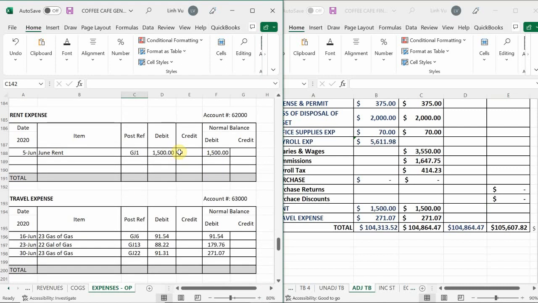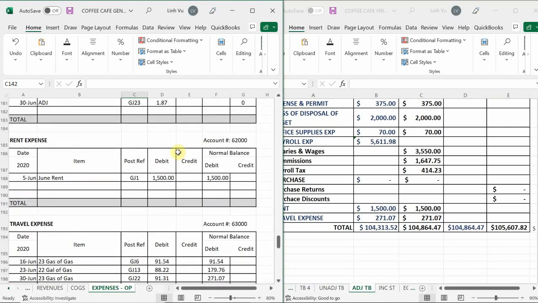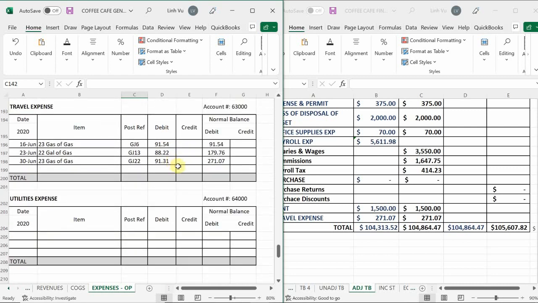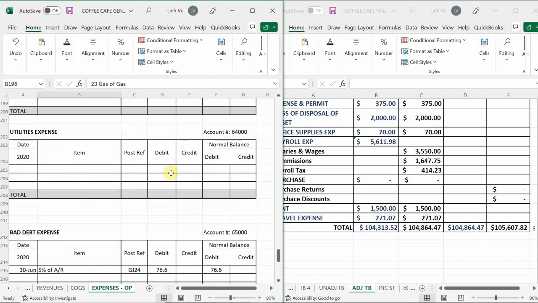Next I have here is rent expense, still at $1,500. Okay. Travel expenses is still at $271.70.